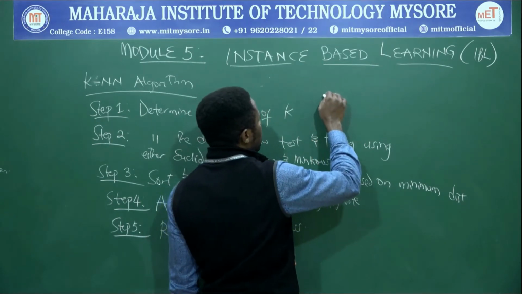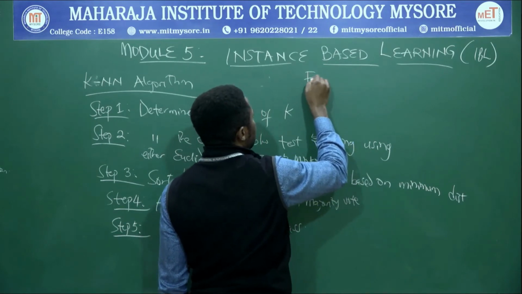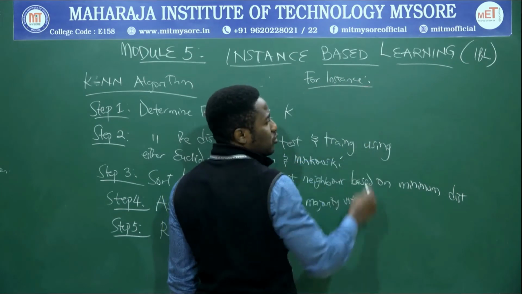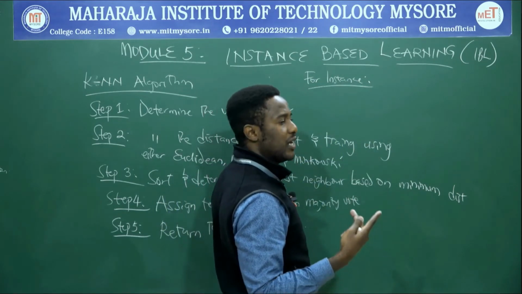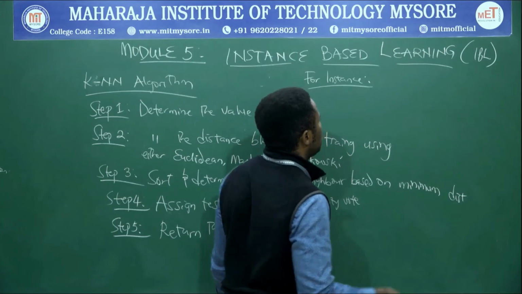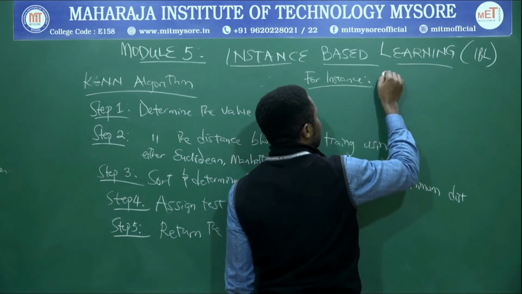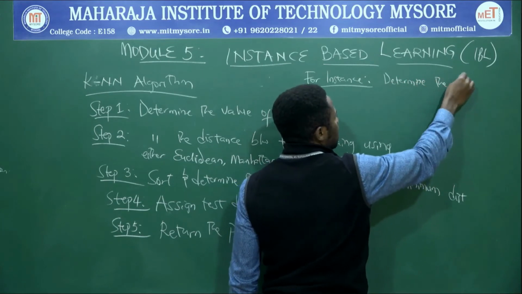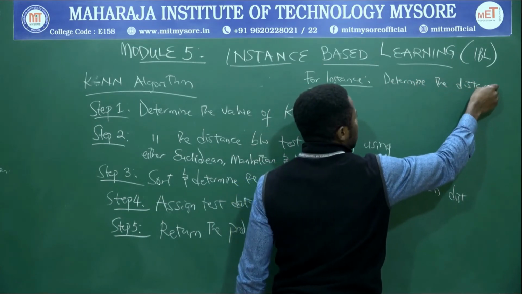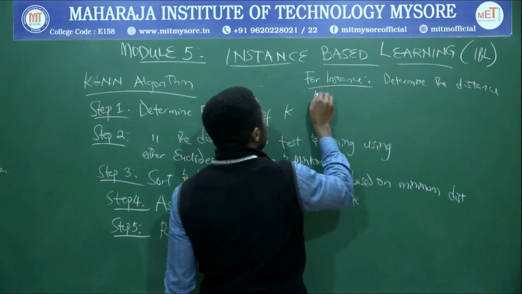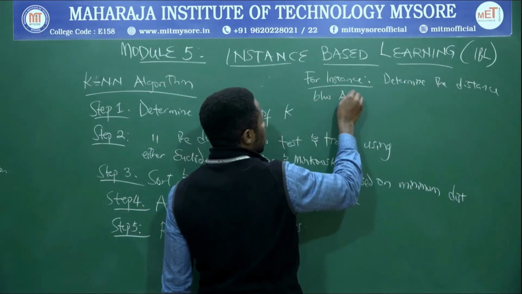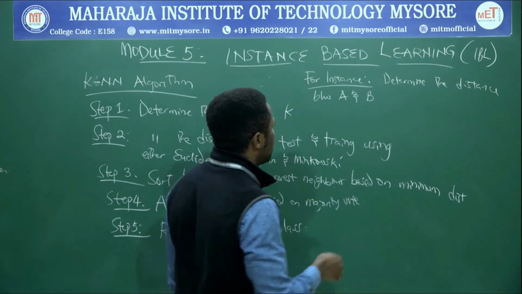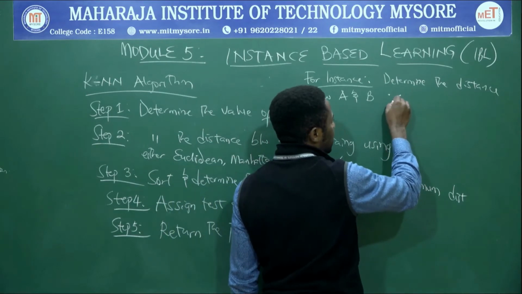Hence, let's take some 2 points. So assume, for instance, you are asked to determine the distance between A and B. Now, if I find the distance between A and B, I must tell you the coordinates of A and B, right?